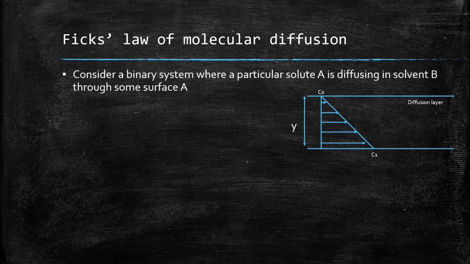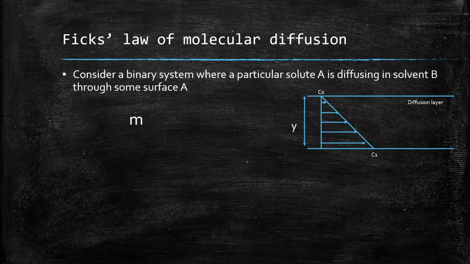Because in the liquid A gets solubilized, so the concentration of A in gas phase is higher and concentration of A in liquid phase is lower. So A will transfer from gas phase to liquid phase. Here again we are assuming that molecular diffusion is taking place. So this particular assumption is there for all the three cases where the medium is constant and there is some transfer happening through it.